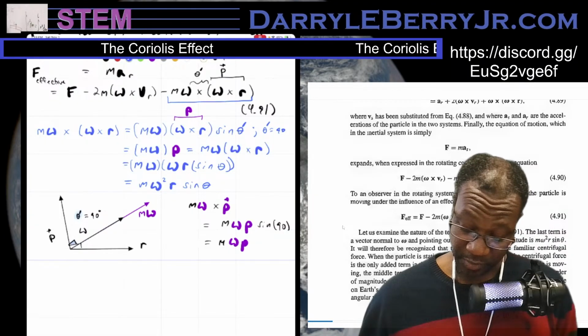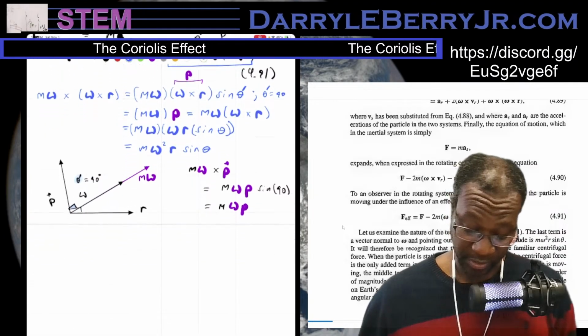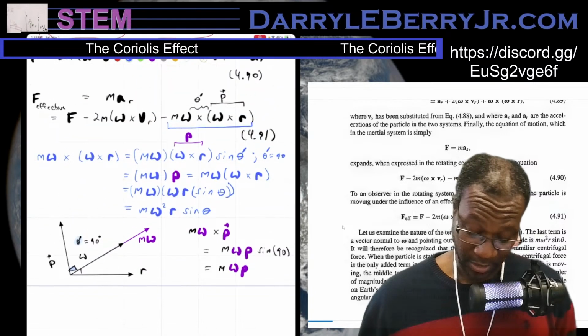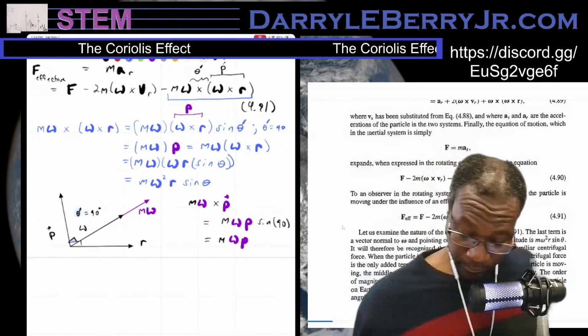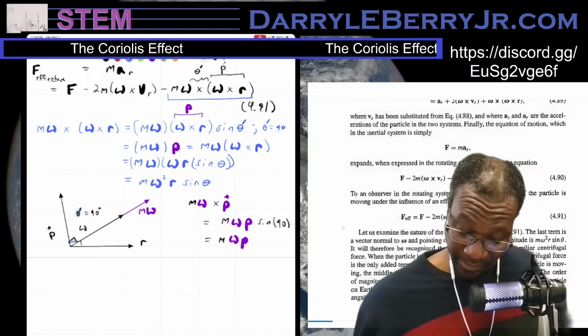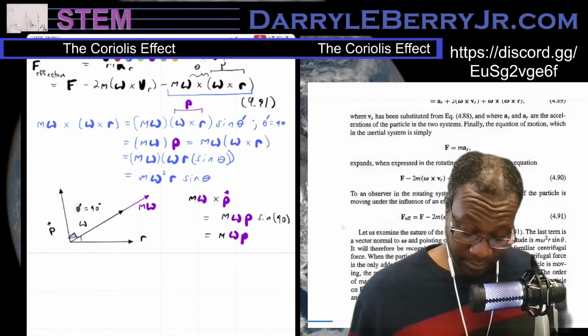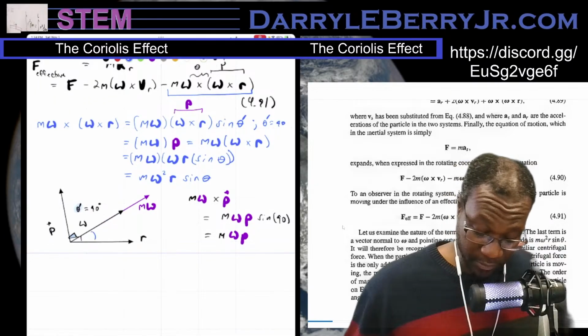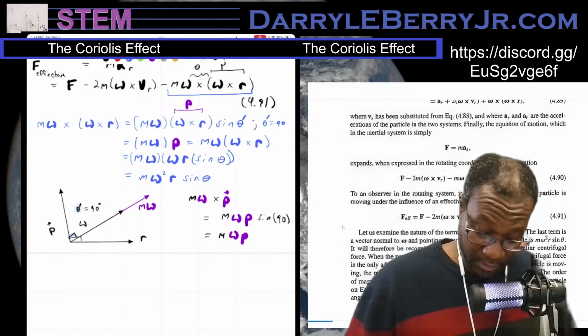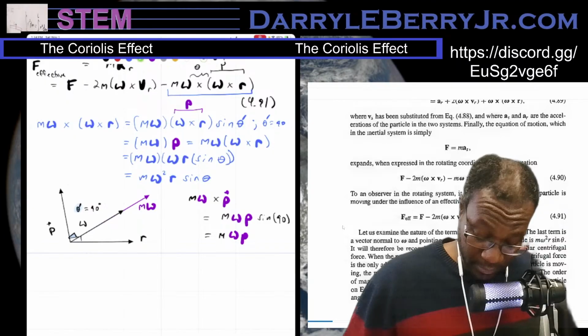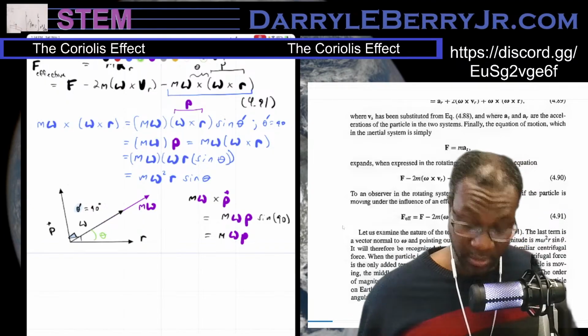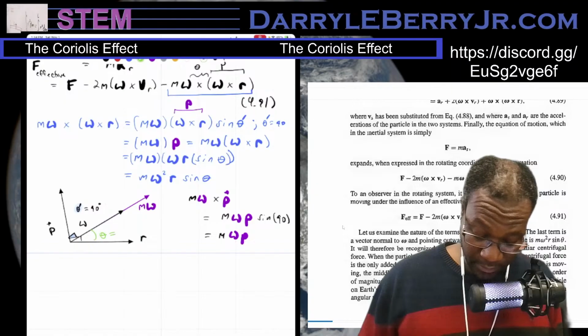So we have m omega squared r sine theta, but we don't necessarily know what the angle is between omega and r. So this angle would be theta, regular theta, and we don't know what that is.